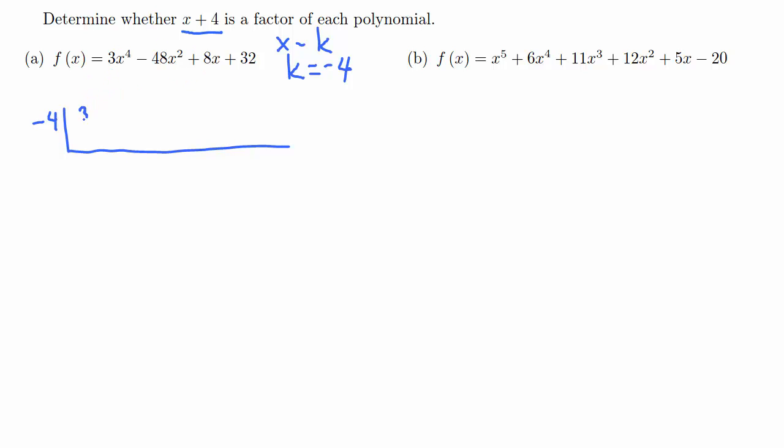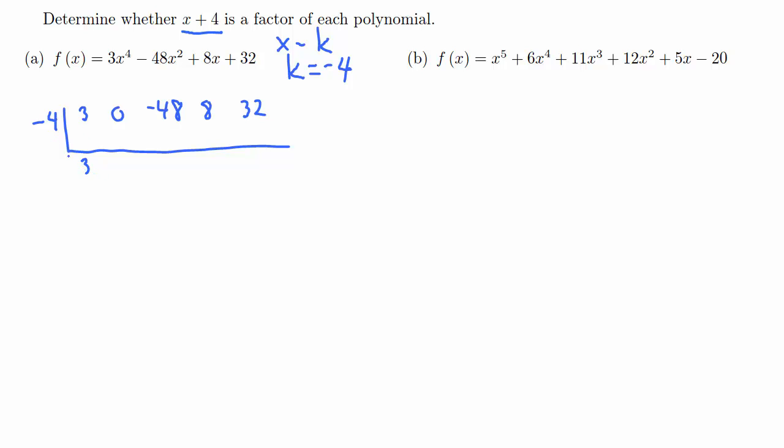Well, we have 3, 0, negative 48, 8, 32. Now notice that I had to account for this missing degree 3 term by introducing a 0 there. Now just use synthetic division.